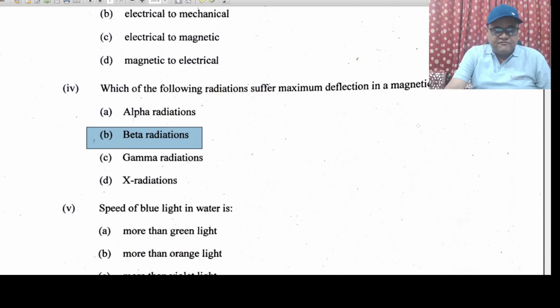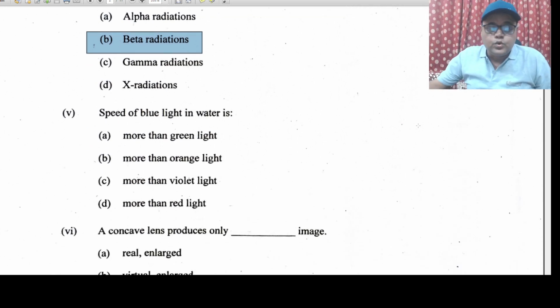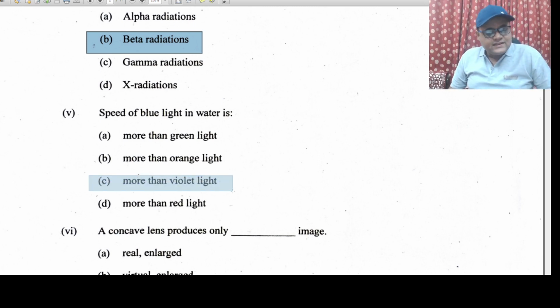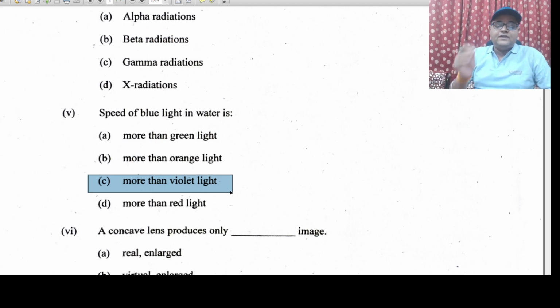Now the next question, fifth part: speed of blue light in water is, it's very obvious, it is greater than the violet light, right? Simple application of refractive index, right?